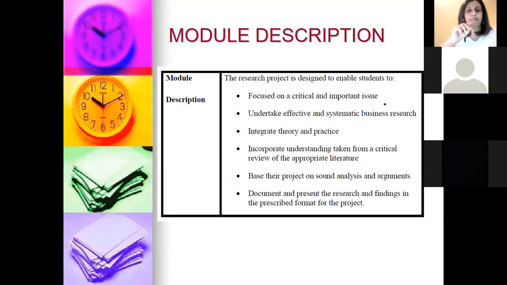So this means you need to identify one area that is critical, that is important in your organization. Then undertake effective and systematic business research. To carry out research, it must be done in an orderly way.